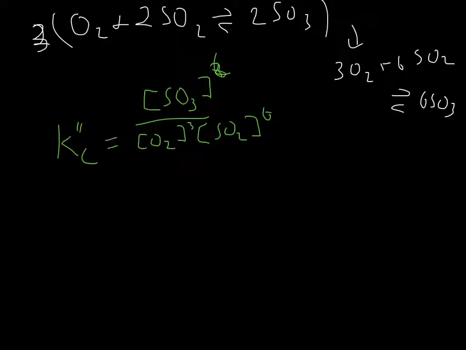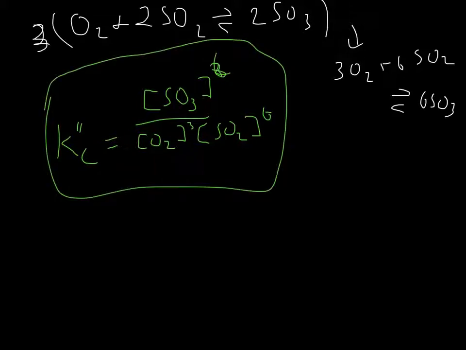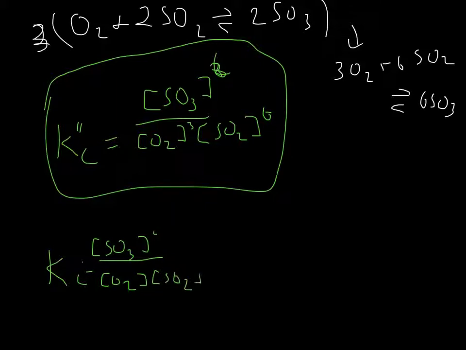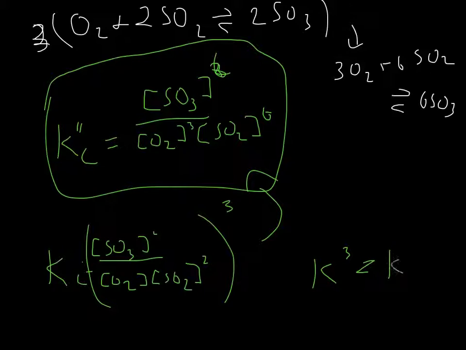Anyways, if you remember, our K from last time was SO3 squared over O2 times SO2 squared. So we can see from here that this K cubed equals K double prime.